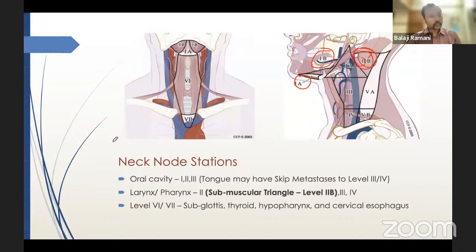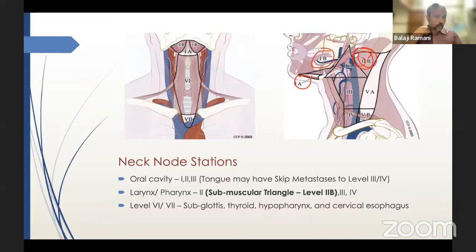HPV negative slides shown as EBV. T stage, 2 centimeter. Okay, T stage I will just explain once more. Just remember, T1 is going to be less than or equal to 2 centimeter size of tumor, and less than or equal to 5 millimeter depth of infiltration. T3 is going to be more than 4 centimeter or more than 10 millimeter DOI.